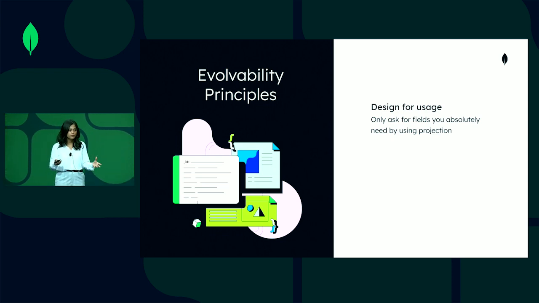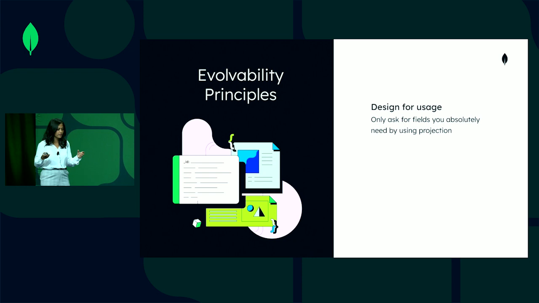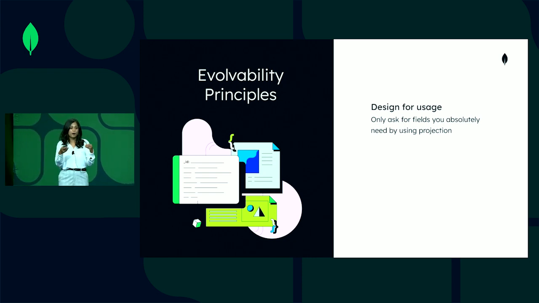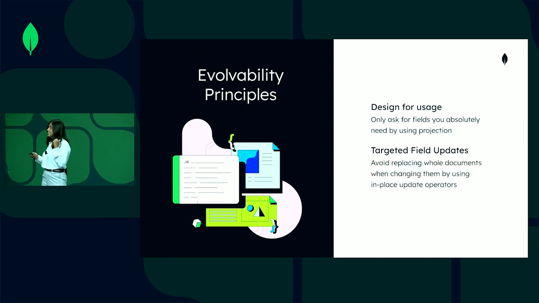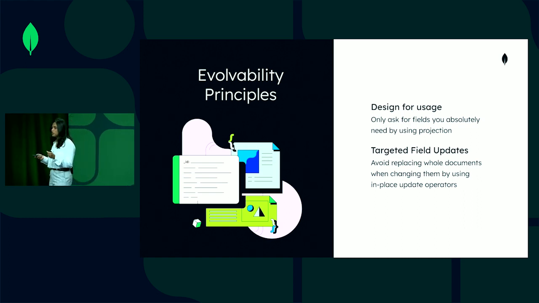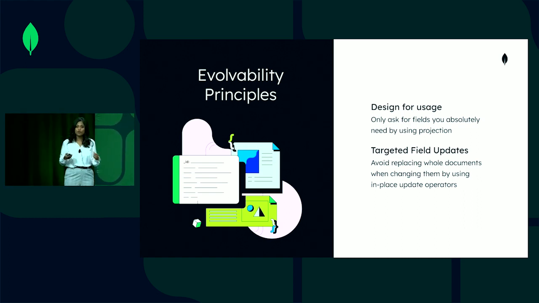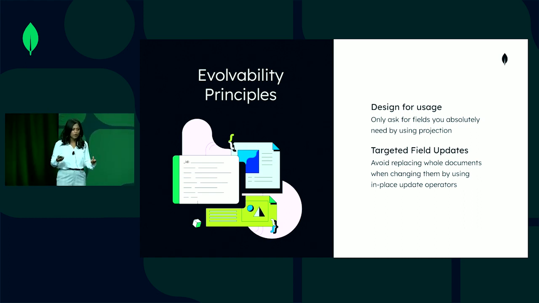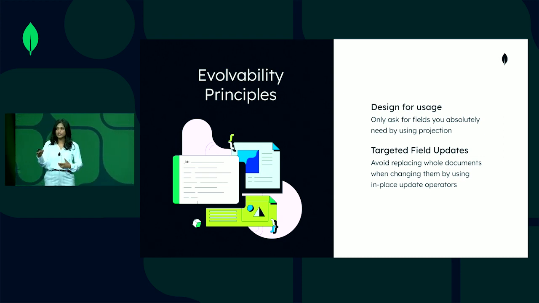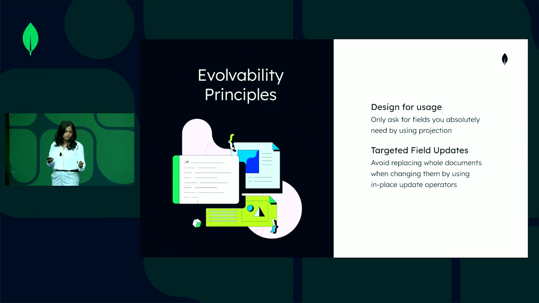You have to design for usage, let the data work for you, and think about how you can leverage different kinds of fields and the power of projection. The second thing is making sure your updates aren't creating any overheads for your processes. So we'll look at a couple of approaches to do it right, and how we can think about the right approaches and stick with them.